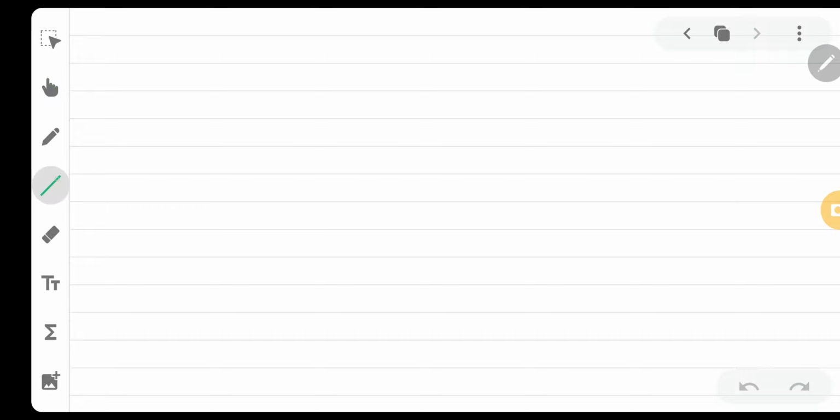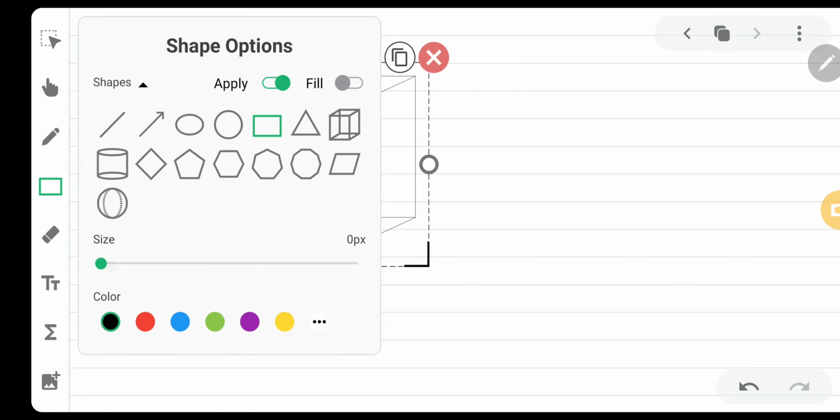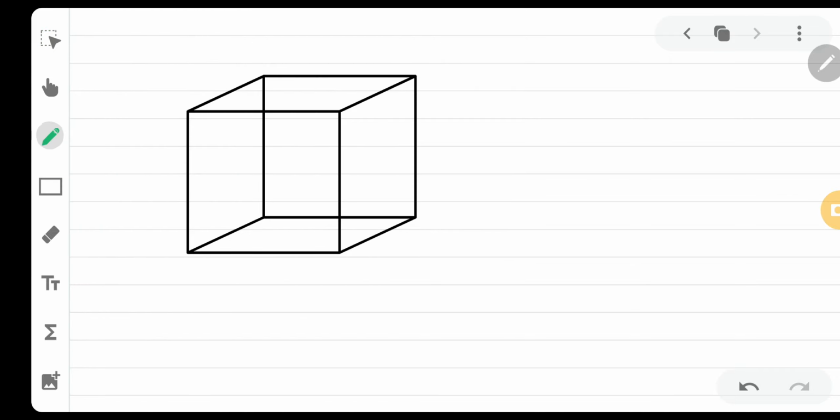Let me give you one more example for the same. Suppose you have a cube like this, and on this face you have a line like this, line 1 on face ABCD. And on face PQRS you have another line which is something like this. This is line 1 and this is line 2.